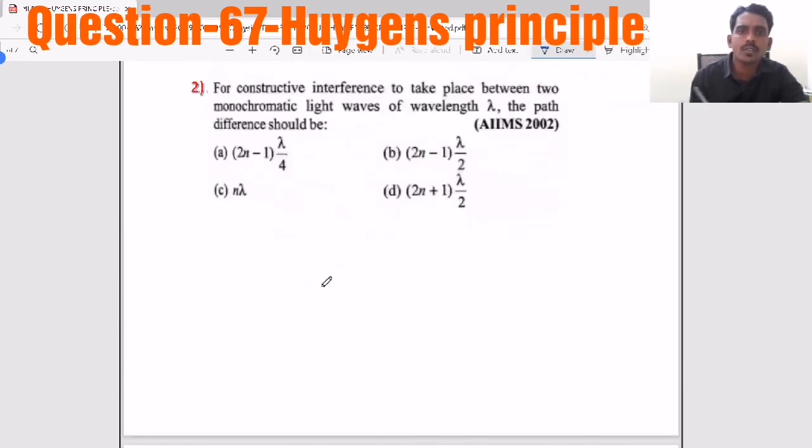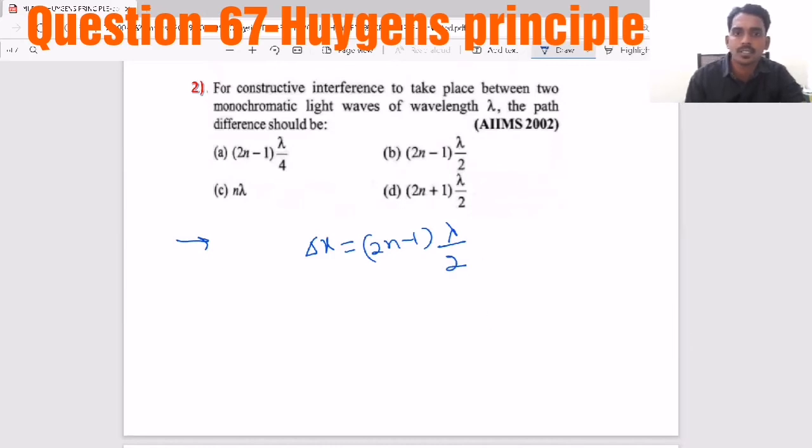Now, for constructive interference to take place between two monochromatic light waves of wavelength lambda, what should the path difference be? Sorry, they are asking constructive, so constructive means delta x will become n lambda.